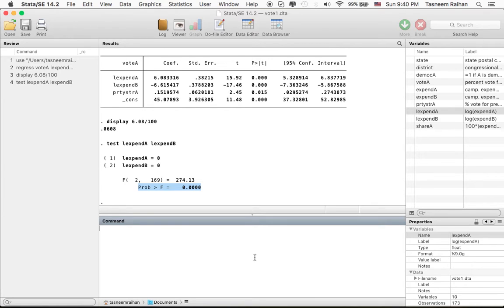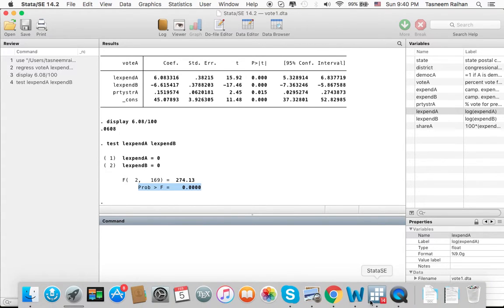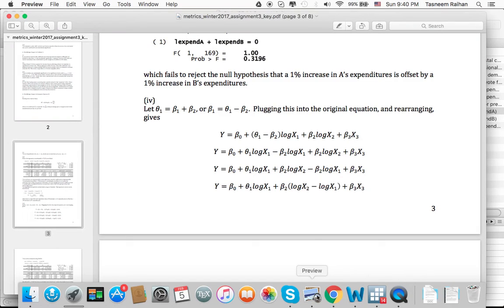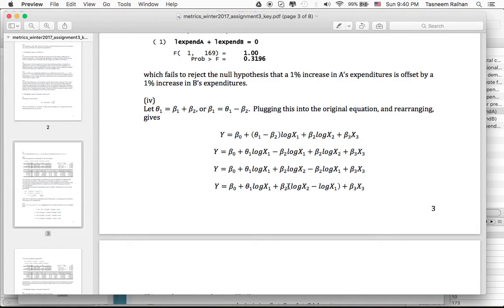First thing that we have to do here, let's take a quick look at this model again. We have beta 2 times log x2 minus log x1. You can think of this as a new variable, this difference between log x2 and log x1. This is something we have to create first.